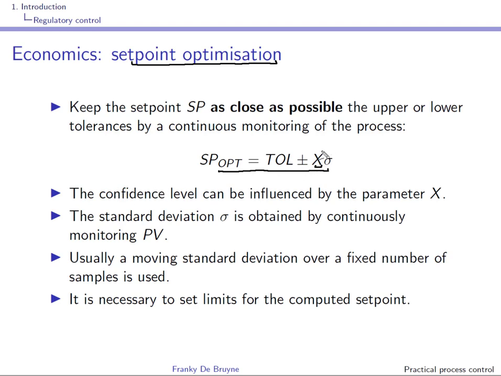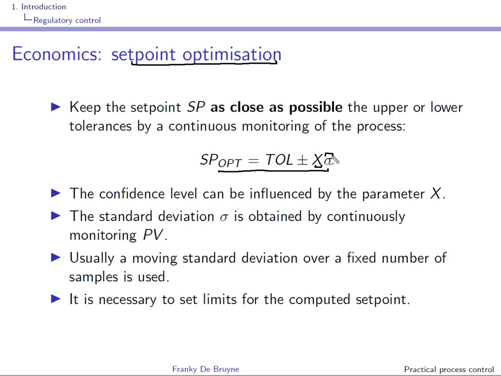In the previous example we had X equal to 3, so the associated probabilities were 99.7%. In the previous example, sigma, the standard deviation, was computed by considering previous data sets of PV.